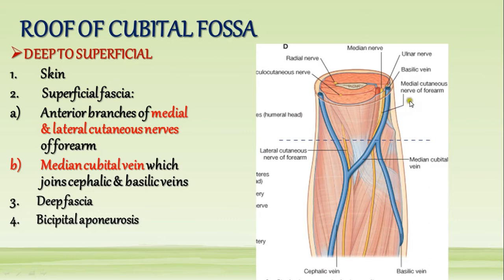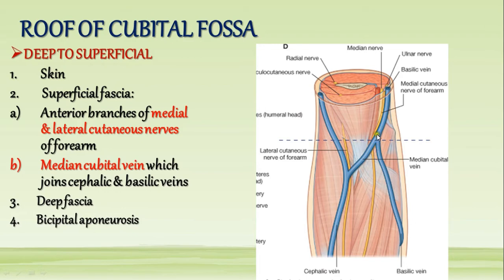Look at the figure. The medial cutaneous nerve of the forearm is present in the superficial fascia overlying the cubital fossa. Another nerve is the lateral cutaneous nerve of the forearm. This nerve is also present in the superficial fascia overlying the cubital fossa.